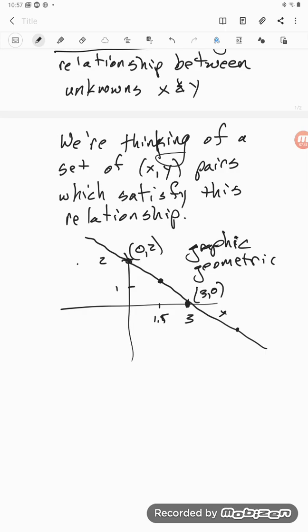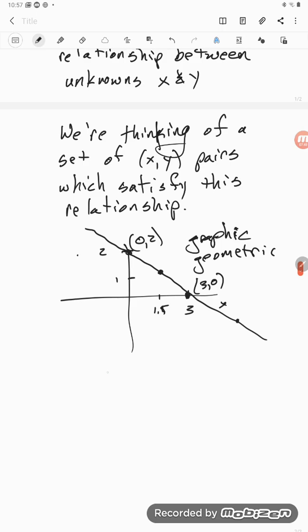Now numerically, I would have something like, here's x, here's y, right? And I would just have this big table like, there's 3 and 0, here's 0 and 2, and 1.5 and 1, and I just keep going with that. And so that's numerical.